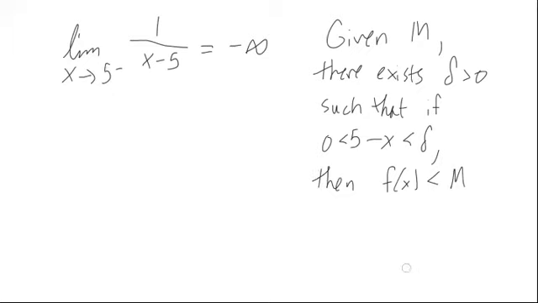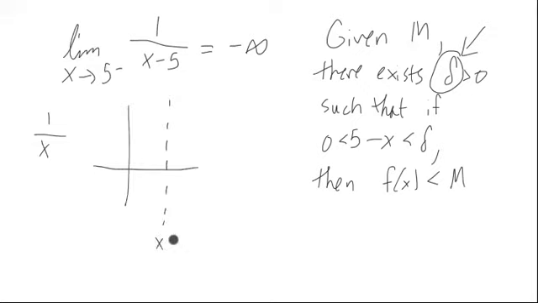So let's draw a picture, and we're going to find that delta. Let's draw a picture of 1 over x minus 5. This is a transformation of 1 over x, shifted to the right 5. So we can think of a picture here: x equals 5, and the graph looks like this and this, going down that way.